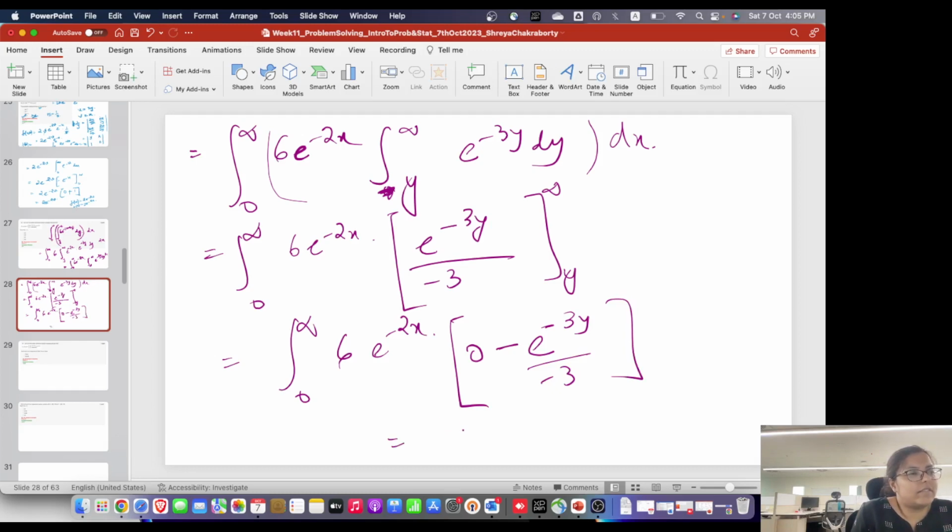So we would have ultimately 0 to infinity 6 e to the power minus 2x by 3 e to the power minus 3y dx. Alright.